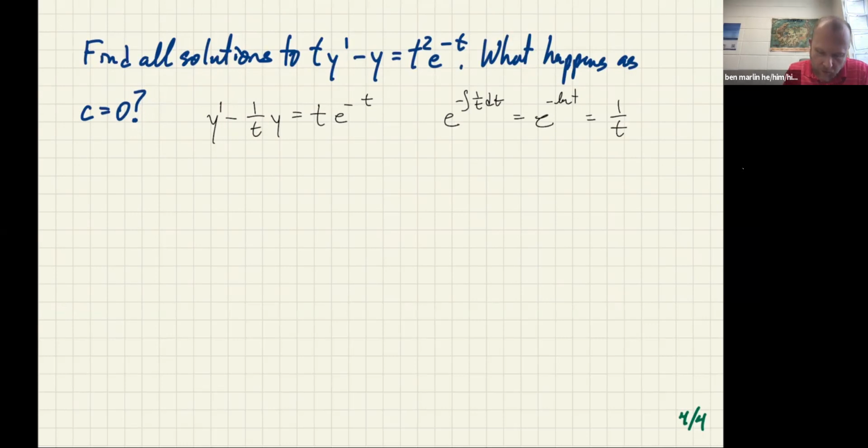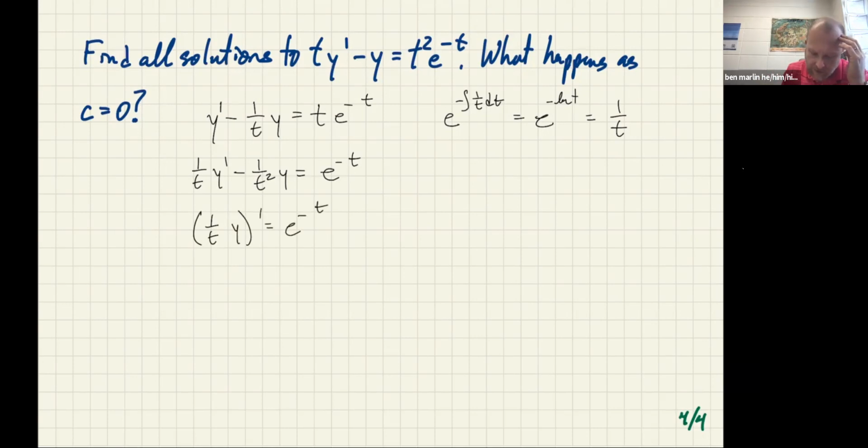So if you multiply 1 over t through there, then you end up with this e to the minus t. Bear with me here. I might have to modify this a little bit. So what we've got here is 1 over t y prime equals e to the minus t.